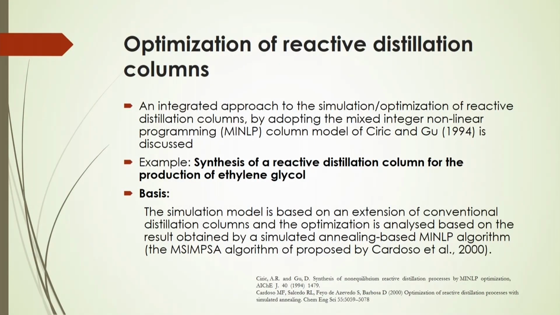This model is called MINLP, the mixed integer nonlinear programming column model, and it will be discussed here for the optimization of reactive distillation columns. In this case, they considered the synthesis of a reactive distillation column for the production of ethylene glycol.